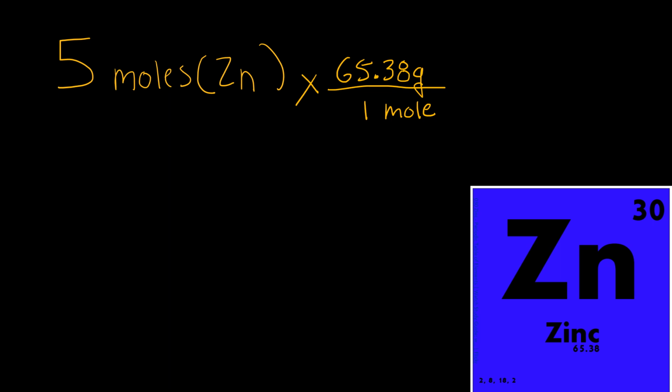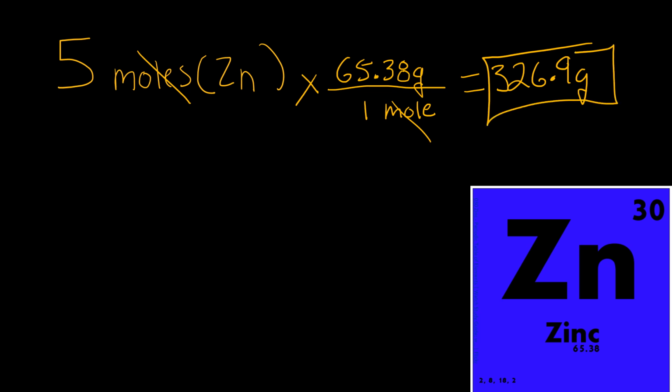Now when we multiply across, our units are going to cancel. And so all we have to do now is multiply the 5 times 65.38. This ends up being 326.9 grams.